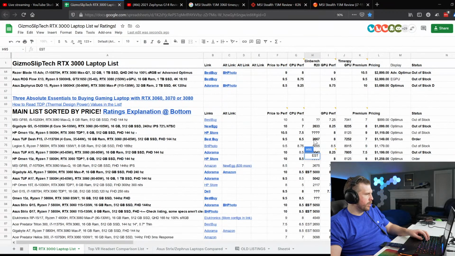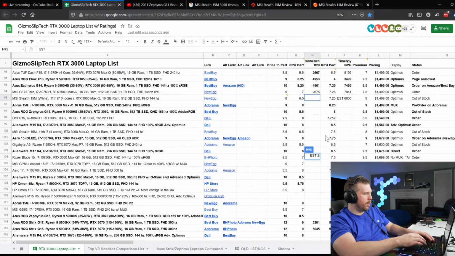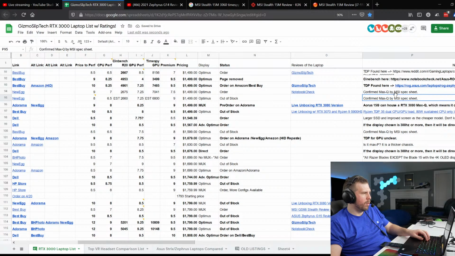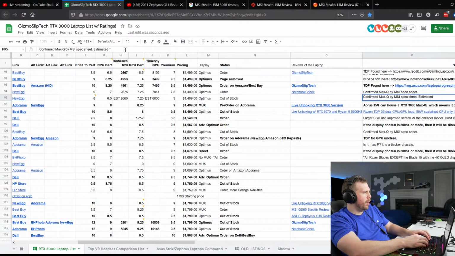It's the exact same processor as the Tough Dash. So 2667. Estimated Timespy and Cinebench based on similar laptops. Not fine accurate numbers.